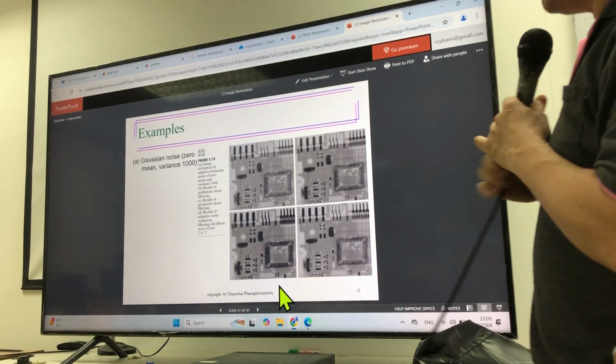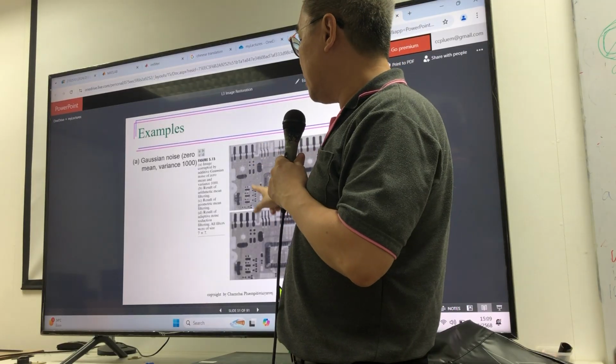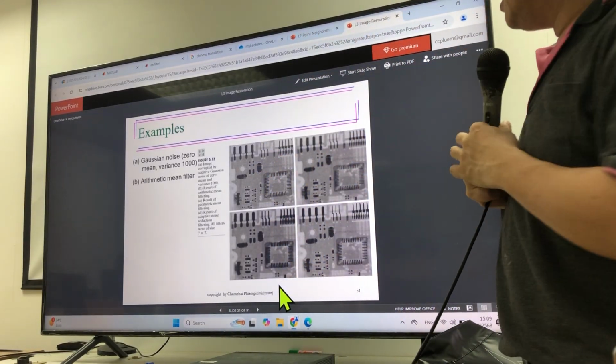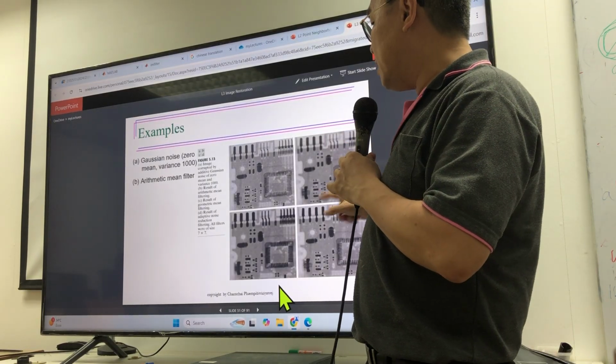Let's look at the results. This is the image corrupted by Gaussian noise. B is passed through the arithmetic mean filter.